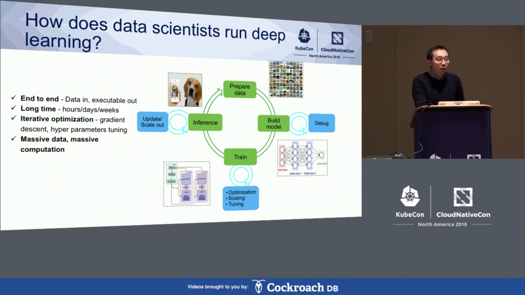Meanwhile, they also need to care about how to distribute their job and tasks to multiple machines in order to consume more computation resources in parallel to speed up the training, right?